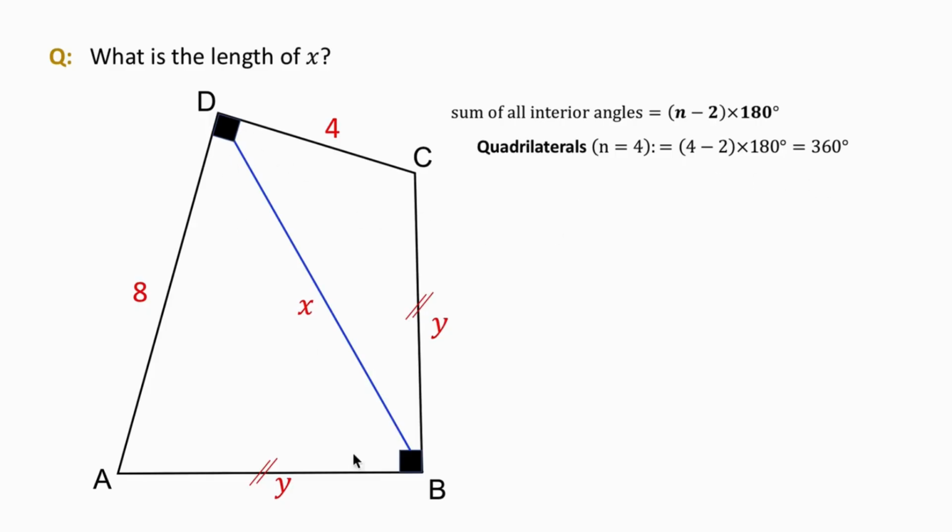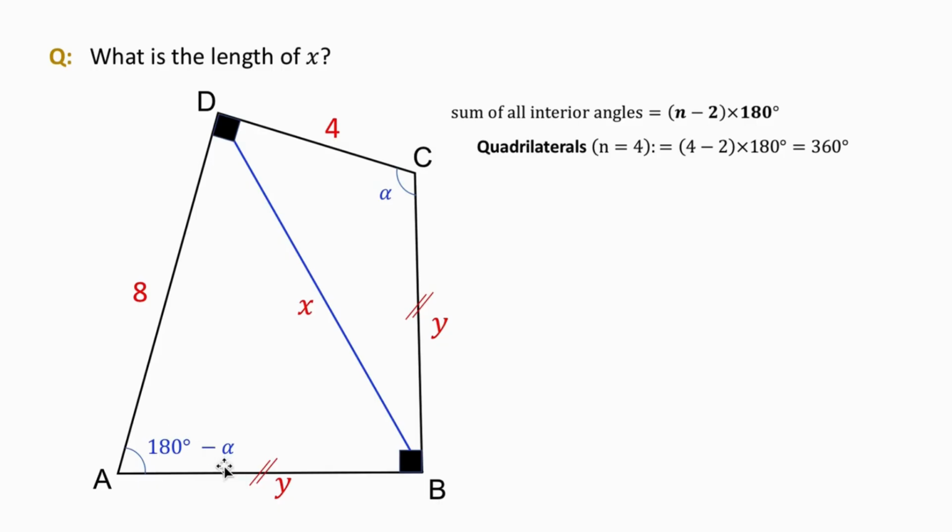Angles D and B are right angles, each measuring 90 degrees. Therefore, their sum is 180, which means the sum of angles A and C must also be 180 degrees. If we label angle C as alpha, then angle A must be 180 minus alpha.